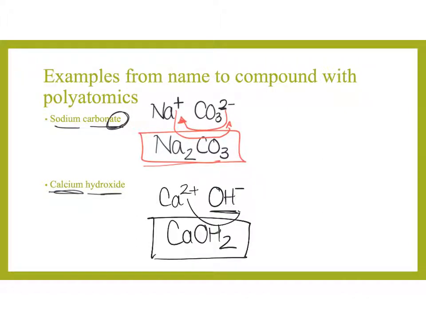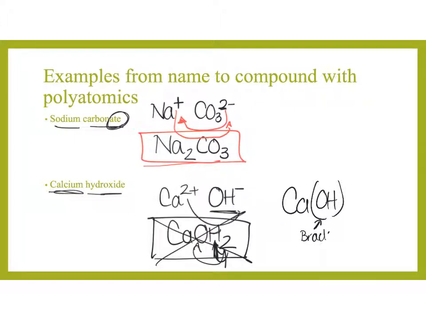So this is wrong, because right now this looks like I have 2 hydrogens, but that doesn't mean that I have 2 oxygens. So it just tells me that I have 2 hydrogens. So this is actually wrong. What I actually need to do is to say that I have 2 of the hydroxide group, so I need to put these brackets in, and put a 2 here.